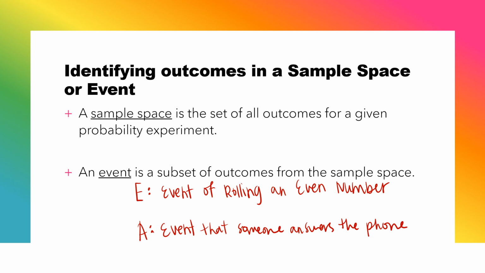One notation that you're going to see me use over and over again in this chapter, in future chapters, and I think in the next chapter 5 as well, is a capital P and then parentheses. When you see this notation, that means probability of.